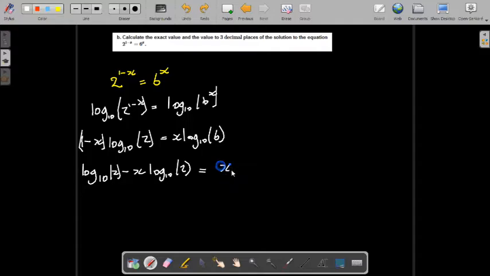And that's equal to x log base 10 of 6. And if I bring this term across.